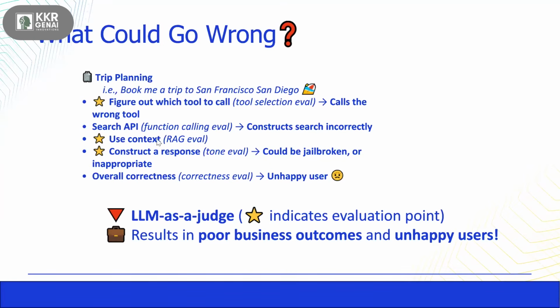The user context goes wrong, and the tone evaluation could be jailbroken or give inappropriate information. The combination of all this makes users unhappy, and the business team is going to lose these customers.